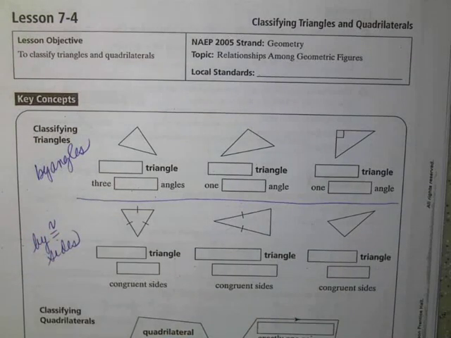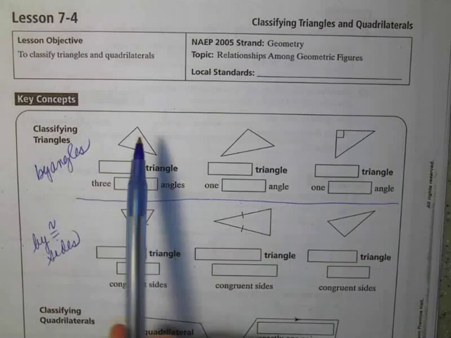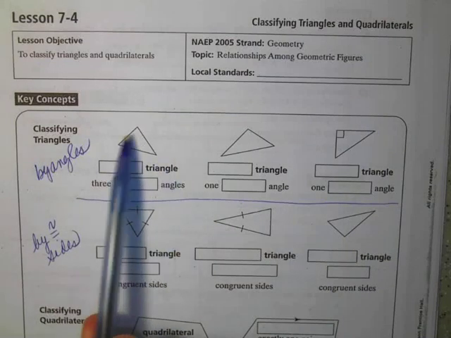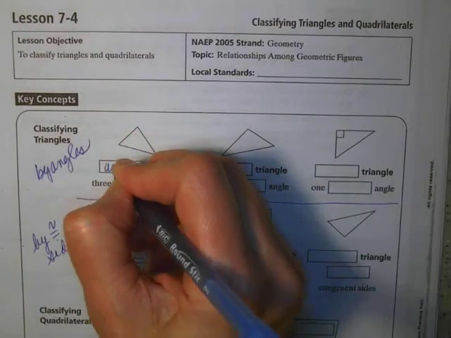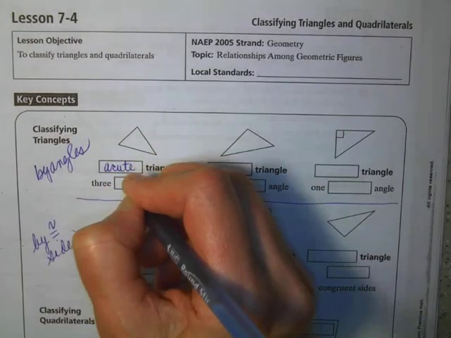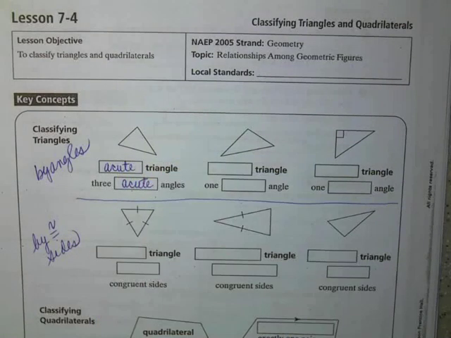Here we go. If you look at our first triangle and we look at the angles here, this is an acute triangle because it has three acute angles. Remember, acute angles are angles which are smaller than 90 degrees.